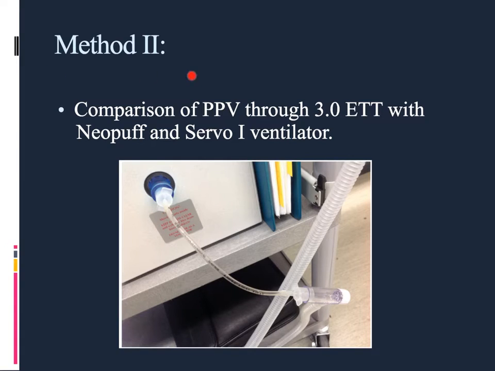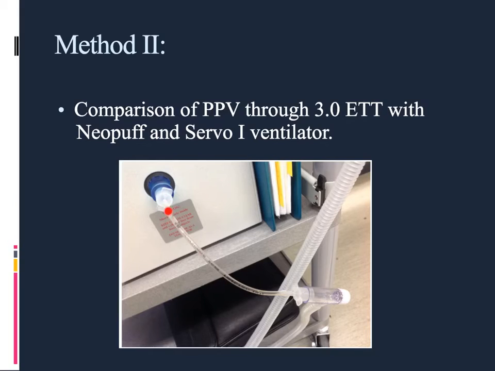So one of the other things I wanted to look at was to see how well the NeoPuff controlled spontaneous breathing through an endotracheal tube. I thought, well, if you've intubated your patient, how does that change the data that we see ventilating a patient with the NeoPuff?